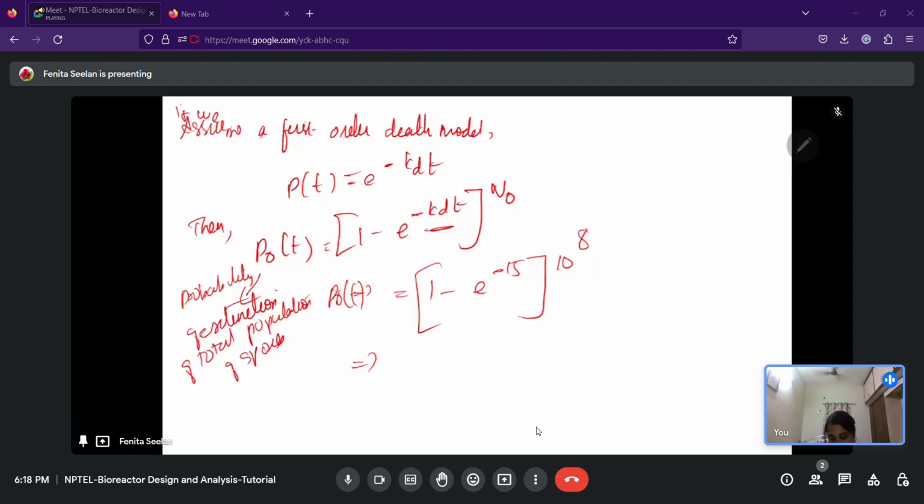So what would be the answer? I got around 5.8 into 10 power of minus 15.